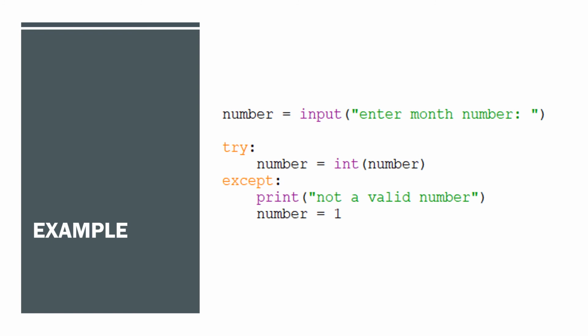Again, as we saw before, it's a good idea to have a default value that the computer will use if for some reason the user's input goes wrong. This program now will run without crashing whatever the user types in.